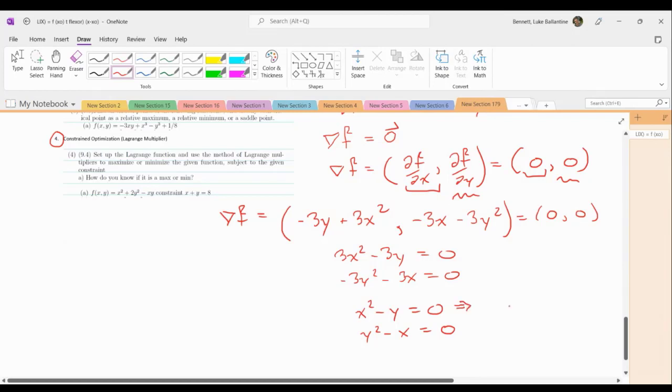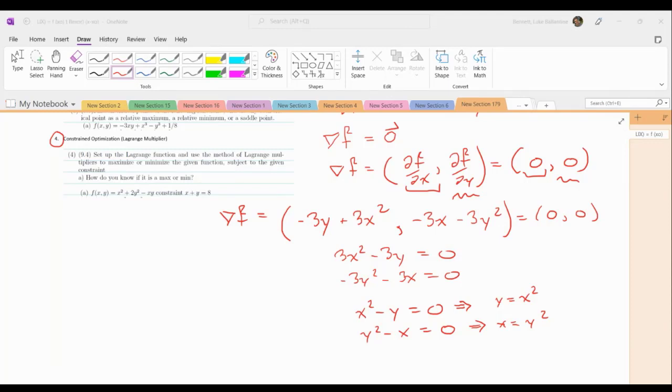So this one tells us that y is equal to x squared. We know what that is. That's just a parabola. And this one is telling us x equals y squared. This one is also a parabola, just in the other direction. And so we're going to look at the intersection of these two parabolas. Is parabolas the correct plural for parabola? I don't know.